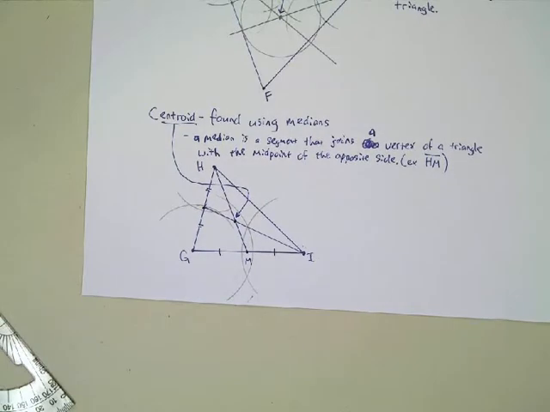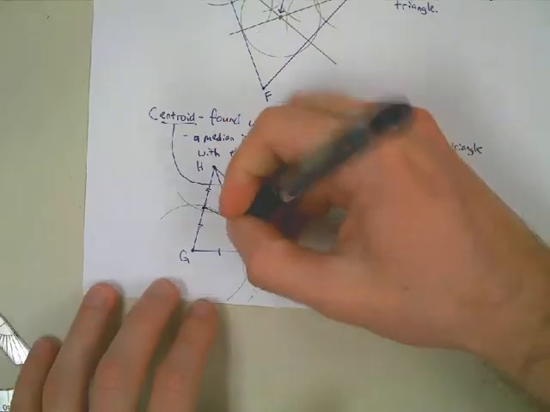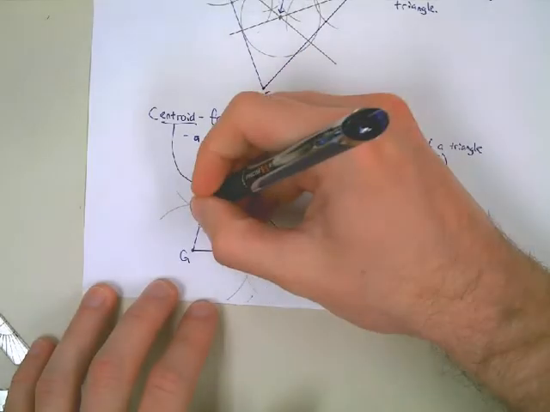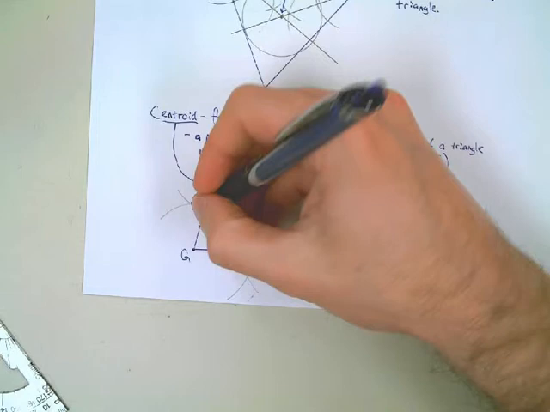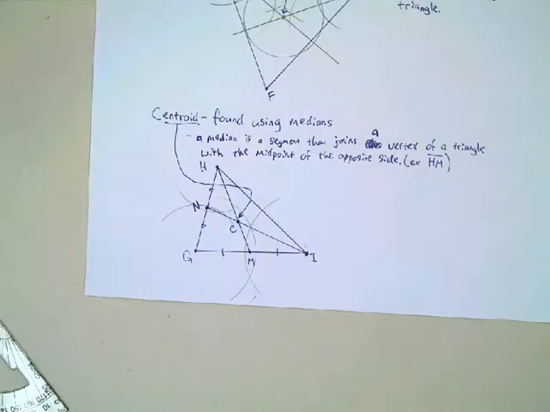Okay, there's the centroid. Now, what is special about this point? In fact, let me go ahead and label that point C, maybe for the centroid. And I'll put this as N. The centroid, believe it or not, this is kind of interesting.